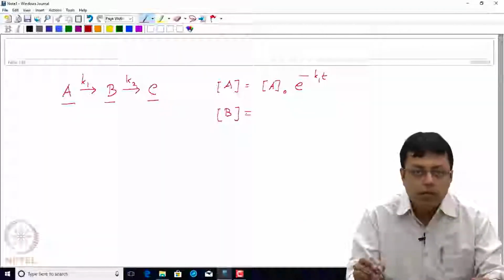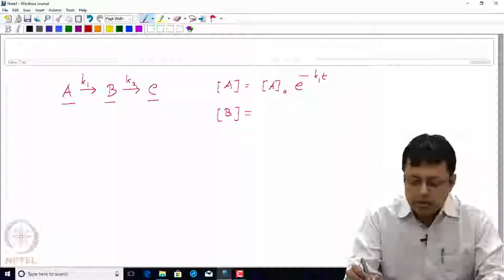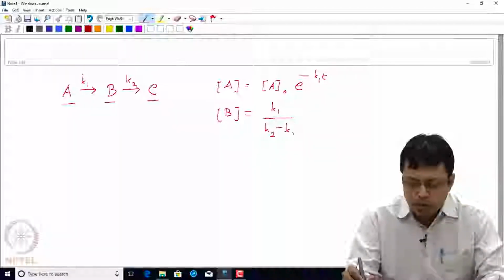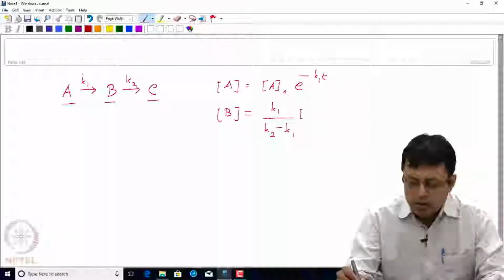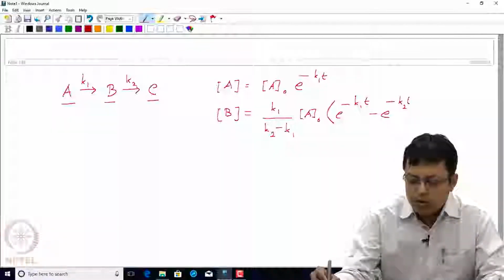So, if you solve this rate law for B, you will get something like K1 by K2 minus K1 into A0 times e to the power minus K1t minus e to the power minus K2t.